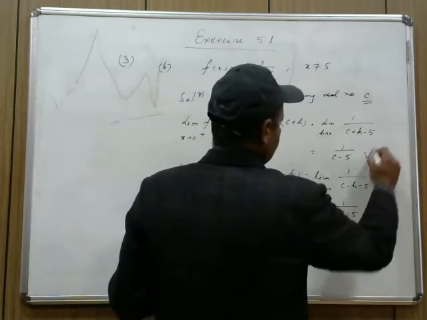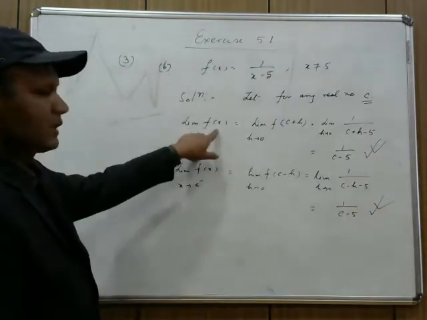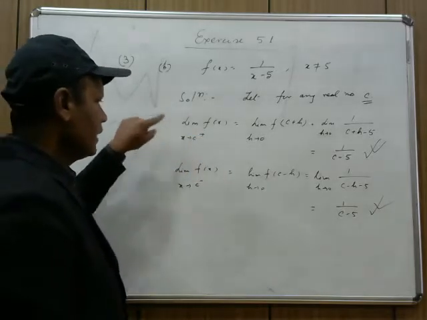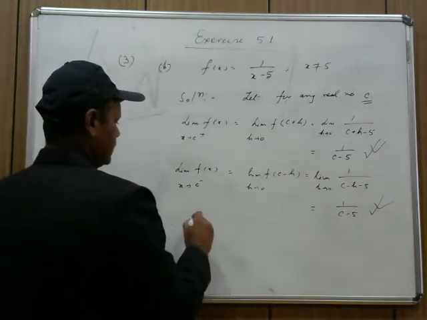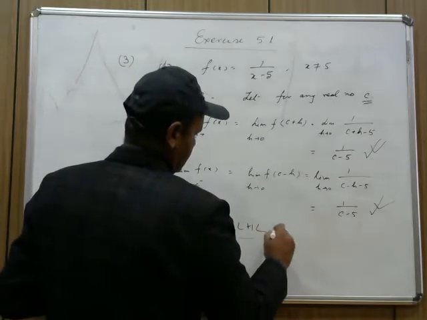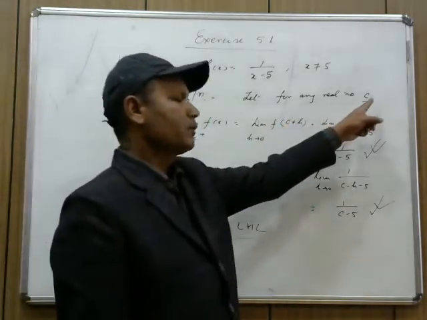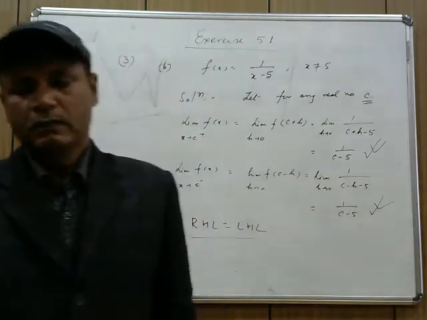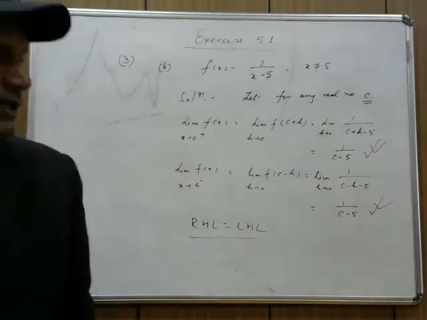See now the value of the given function f of x at any real number C, their RHL and LHL both are same. Here the right hand limit is equal to the left hand limit, and hence it is continuous at any particular point C, it means it is continuous everywhere. That's why the question was, yes, examine the continuity of this given function. That's what I write.